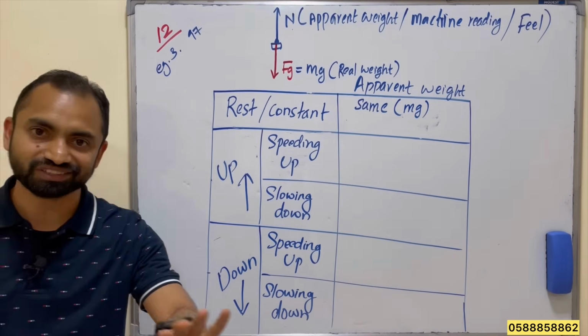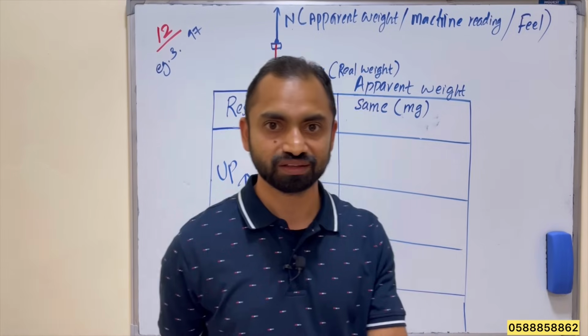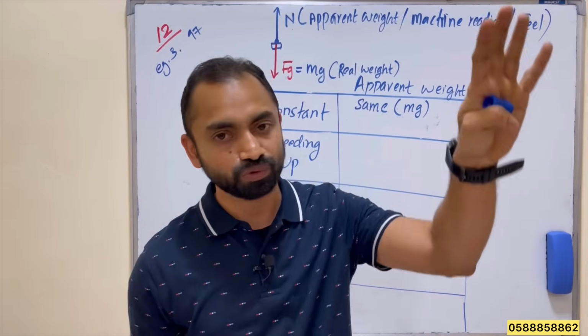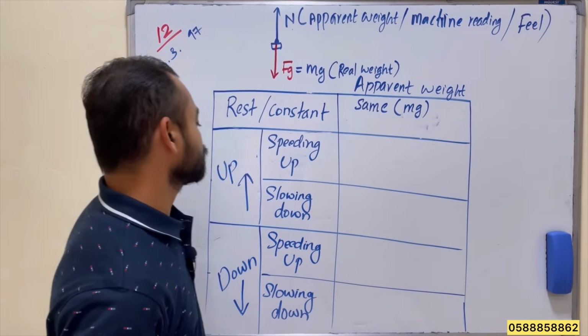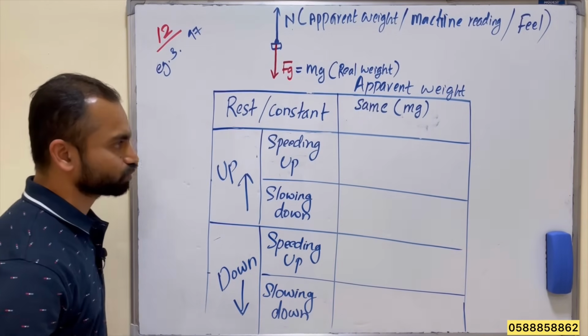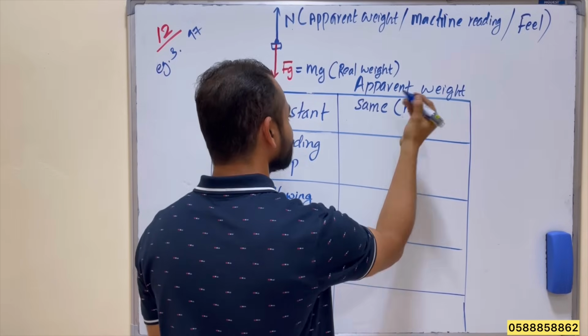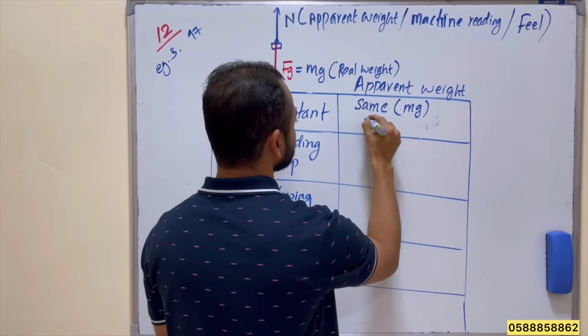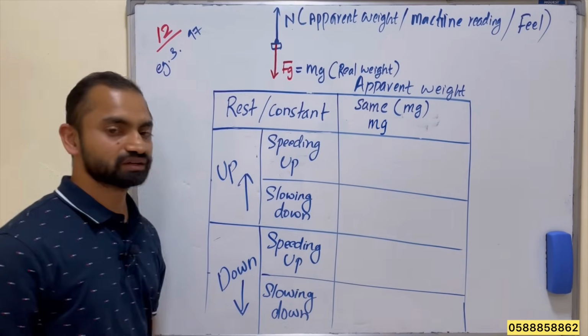Elevator is not at rest. It is moving up or moving down at a constant speed. If the elevator is moving up or down at a constant speed, still your apparent weight is equal to the real weight.